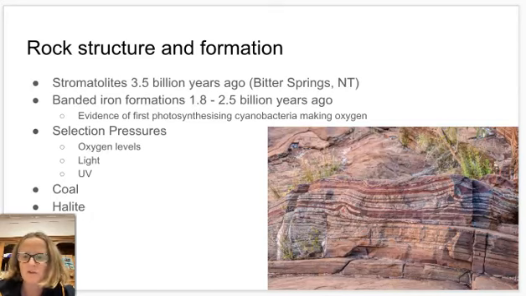So we know that oxygen was being made and it was reacting with the elements in the water in the oceans, and there was rust forming, that's the iron oxide, and it was sinking to the bottom of the ocean and becoming layers of sedimentary rock. So this is giving us ideas about the atmosphere and the different selection pressures that were existing in these past ecosystems.